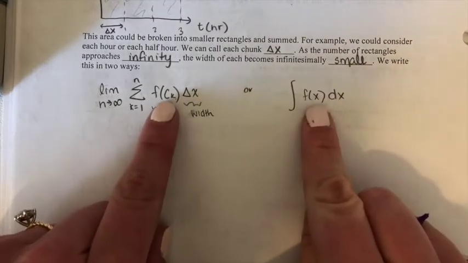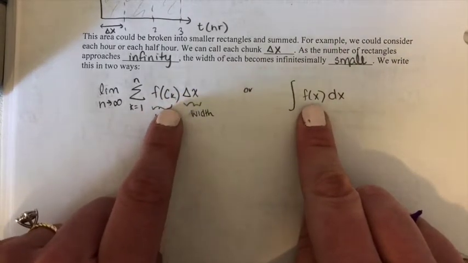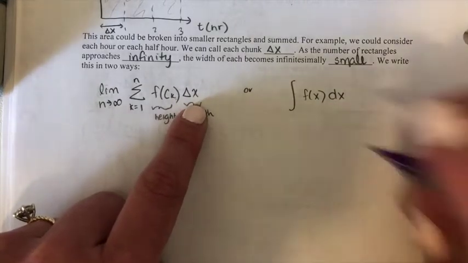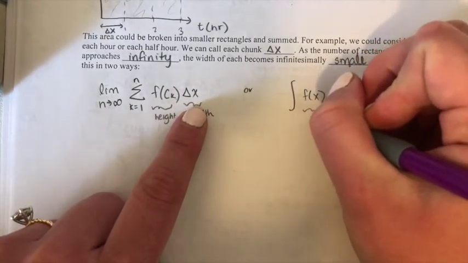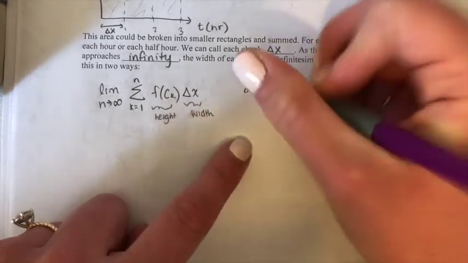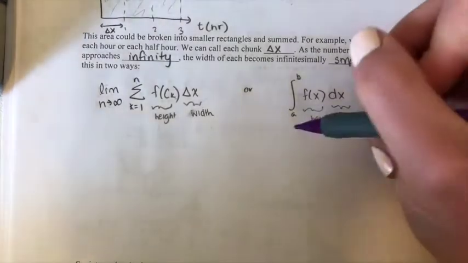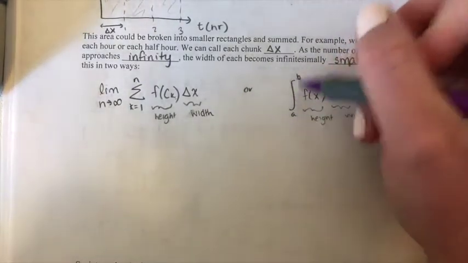So these two things are basically the same thing. So f of x is the function at a specific value, and dx is that width. So this is the height again, and this is the width. And we're doing that from two specific values, a and b. So we write those at the bottom and the top of this integral symbol.